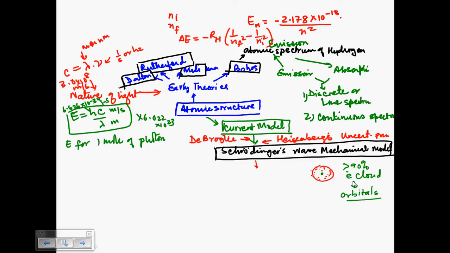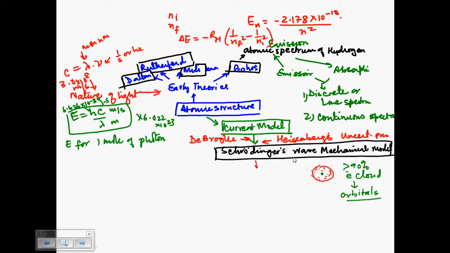So what makes up an electron cloud are various orbitals. Please distinguish orbitals from orbit. Orbital was a term coined by Schrodinger. They are totally different from Bohr's orbits. Now, how did he come up with the nature of orbitals? So Schrodinger considered electron as wave, and he applied the property of electron as wave to the wave equation.